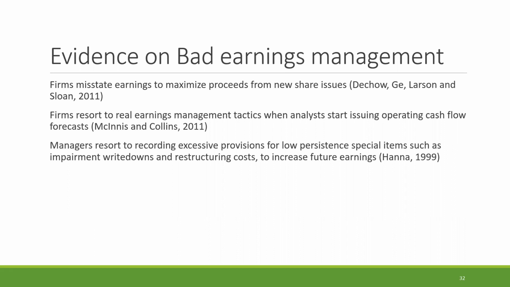Hannah was the paper that showed cookie jar accounting. Managers resort to recording excessive provisions for low persistence special items to increase future earnings, reduce earnings today, but increase future earnings.